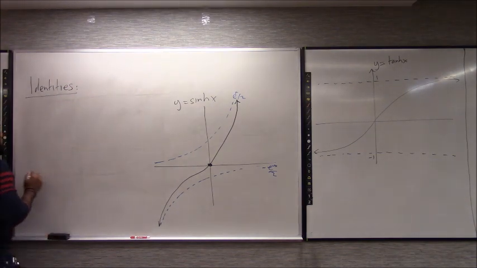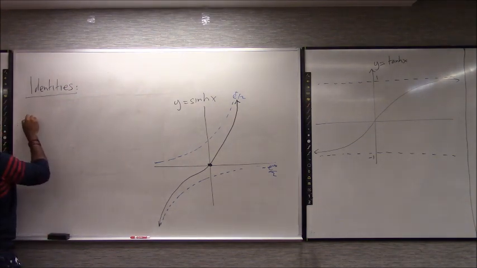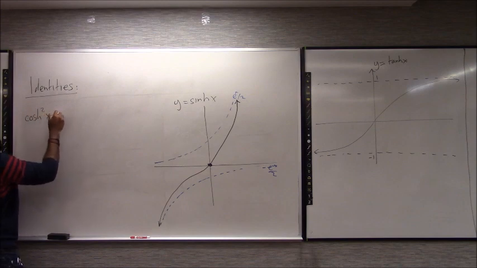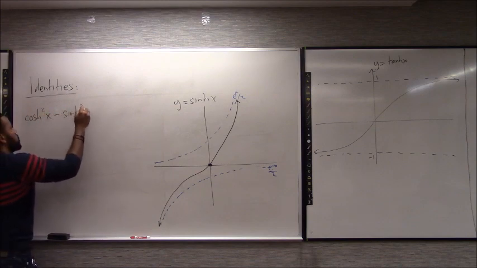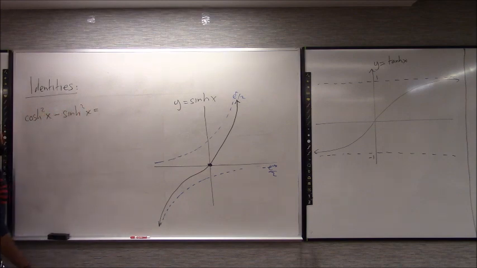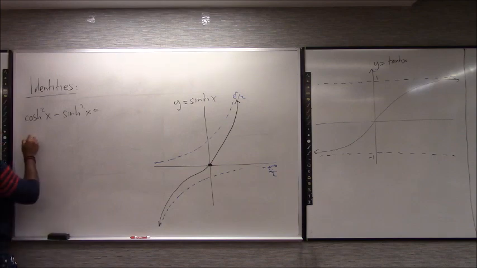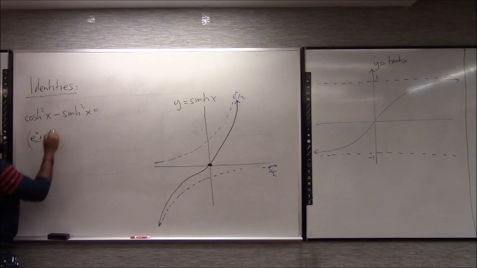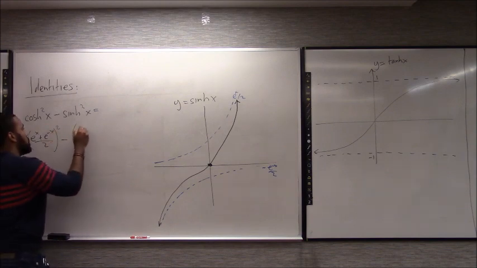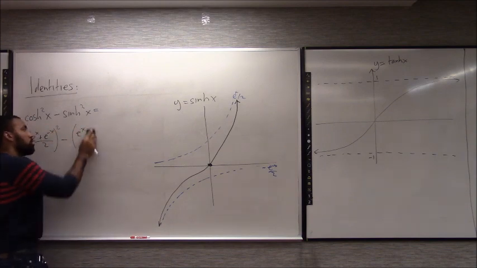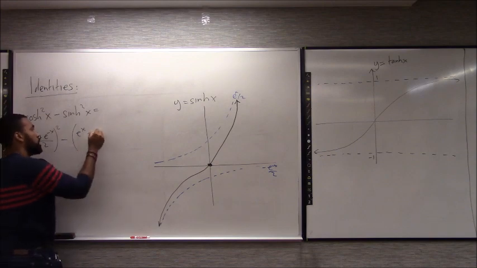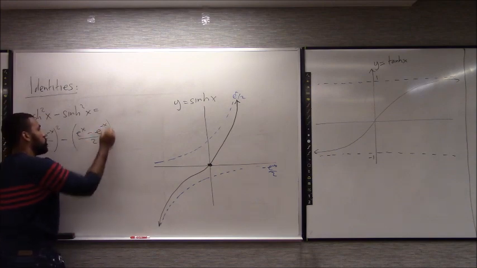Well, note if you take cosh squared x and subtract sinh squared x, what you would have is ((e to the x plus e to the minus x) over 2) squared minus ((e to the x minus e to the minus x) all over 2) squared.